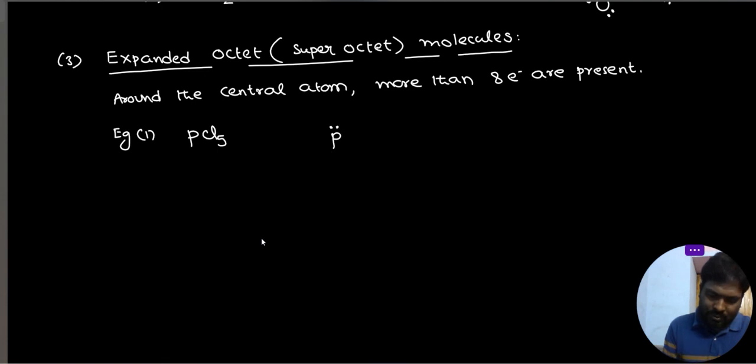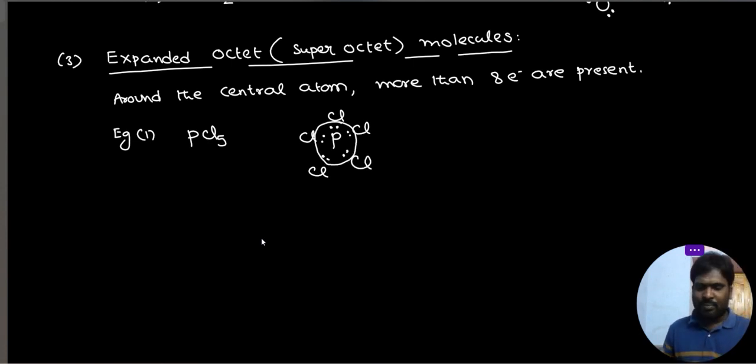Phosphorus, 5 chlorine atoms are there. How many chlorine? 5. Around the phosphorus, how many electrons are there? 5 twos are 10 electrons. More than 8 electrons.